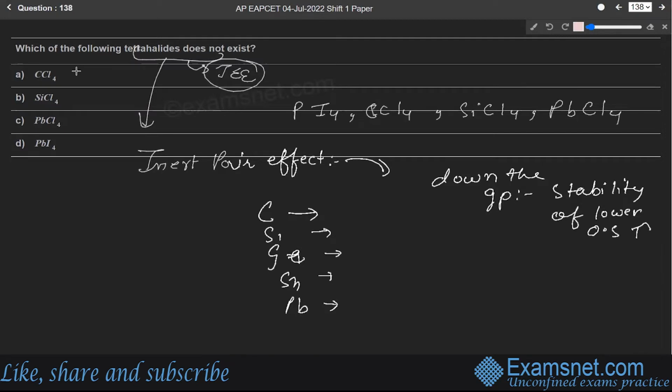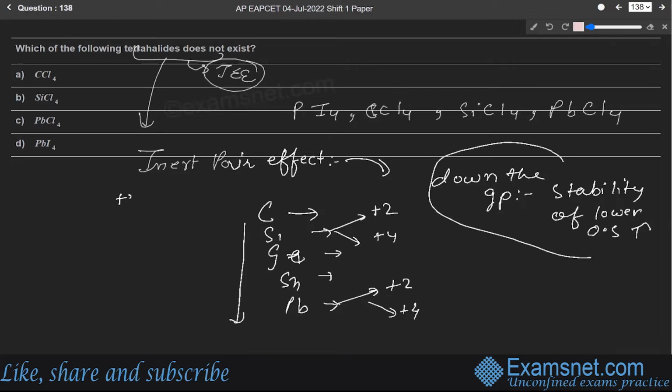These elements show +2 and +4 oxidation states, the minimum and maximum. Down the group the stability of lower oxidation states increases, which means +2 would be more stable than +4.